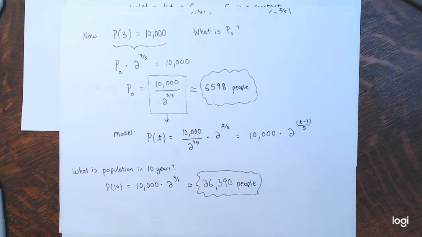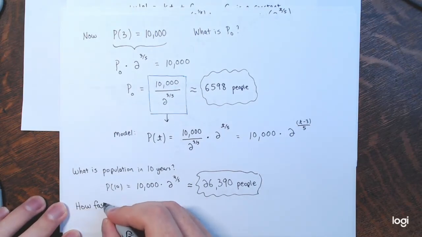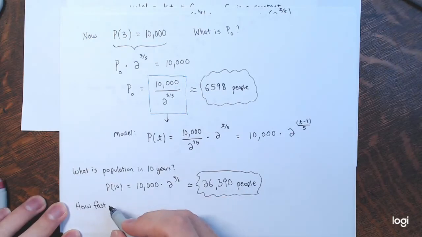Then the final question: how fast is the population growing at t equals 10? Now remember, speed is kind of like a rate. It's a rate of change.